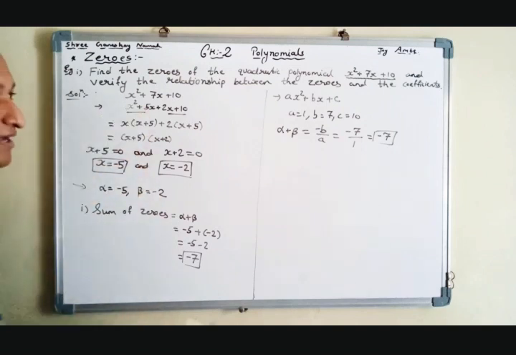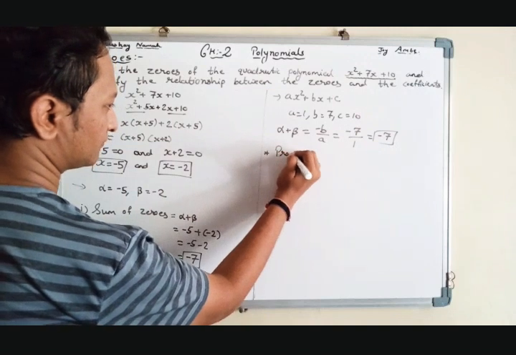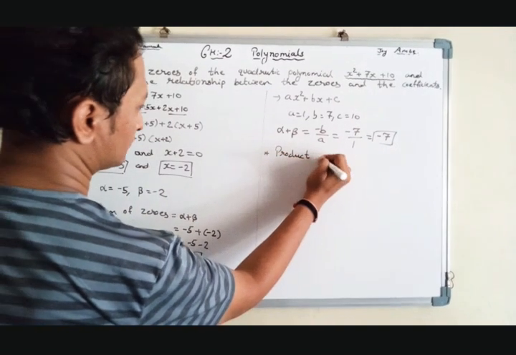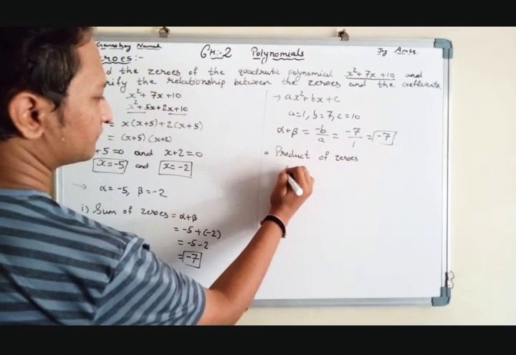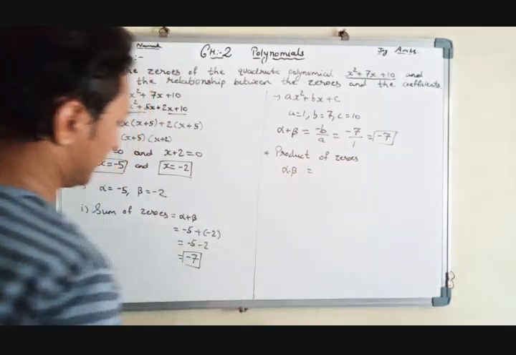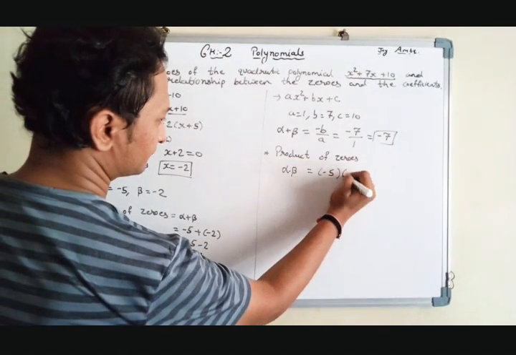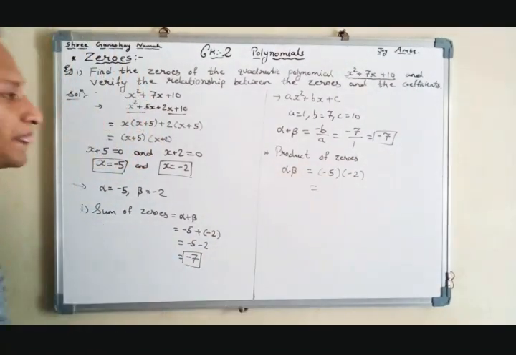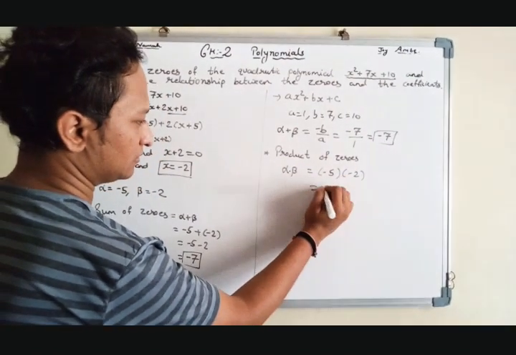Now we will verify the product of zeros. Alpha into beta. First of all, direct product of alpha and beta, minus 5 into minus 2. Minus minus will become plus, and 5 2s are 10.